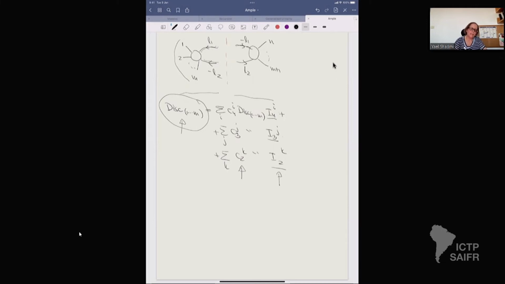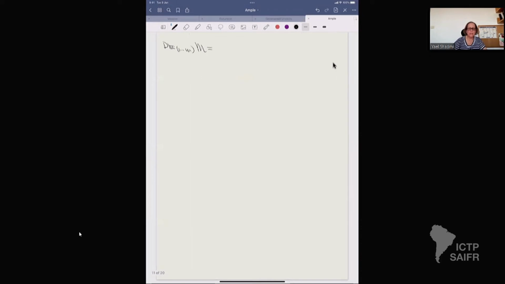But then these guys can have different helicities. This can have some helicity H1, and I'm going to take this one to have some helicity H2. And then the helicities on the other side are the opposite of that. So the only thing that I need to sum over here are the helicities H1 and H2.